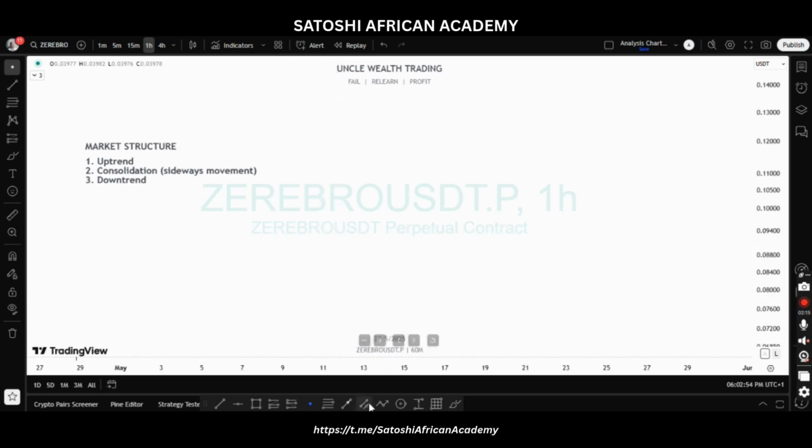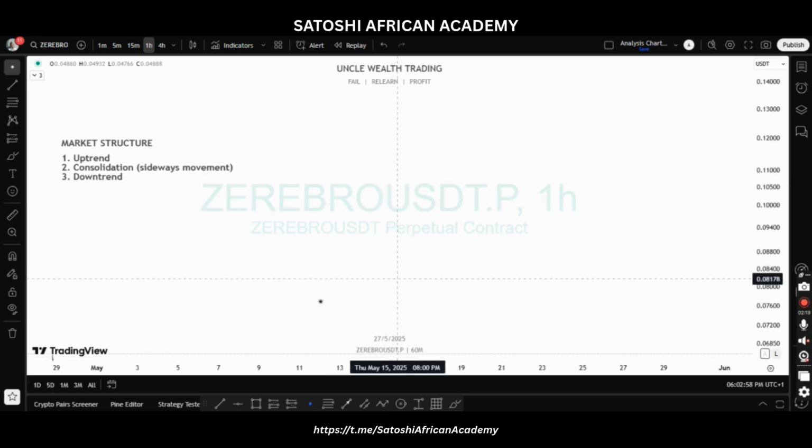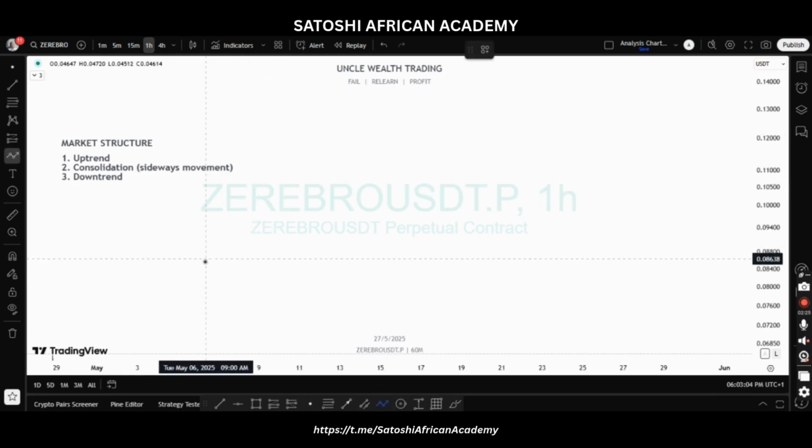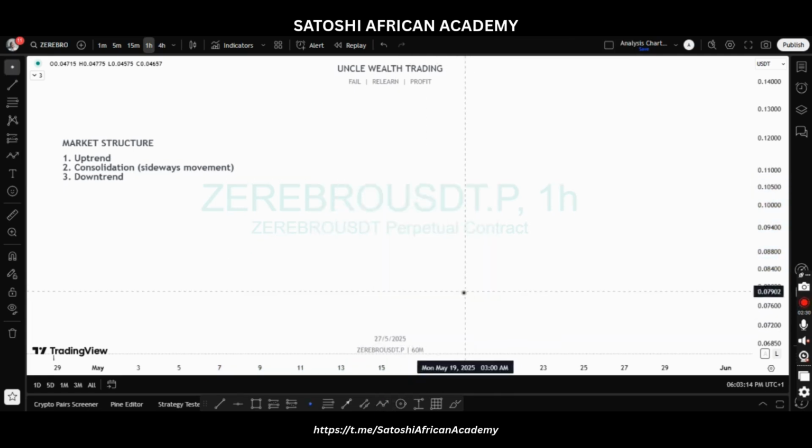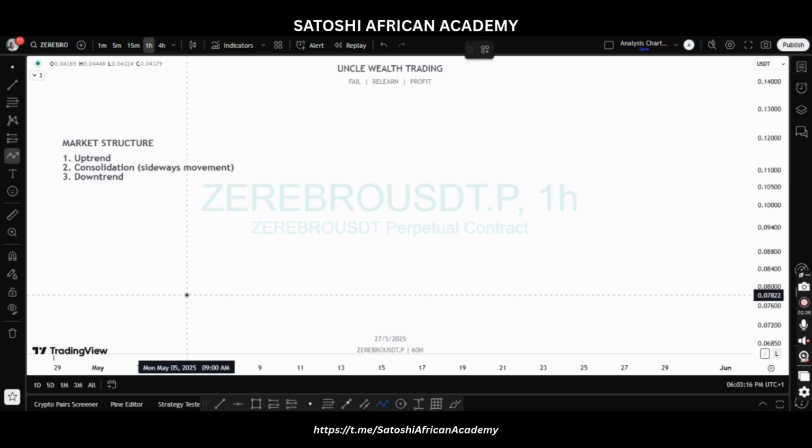It doesn't move in a straight line. So in a textbook setting, what we are saying is this: the market doesn't do this. No. Instead, what you're going to see is that the market will do this.